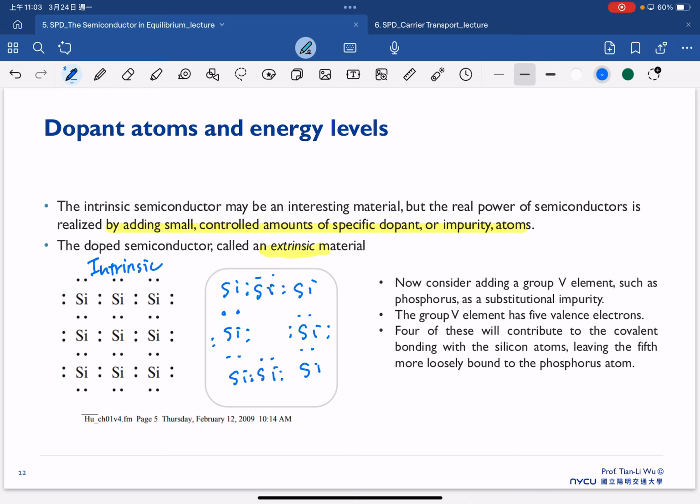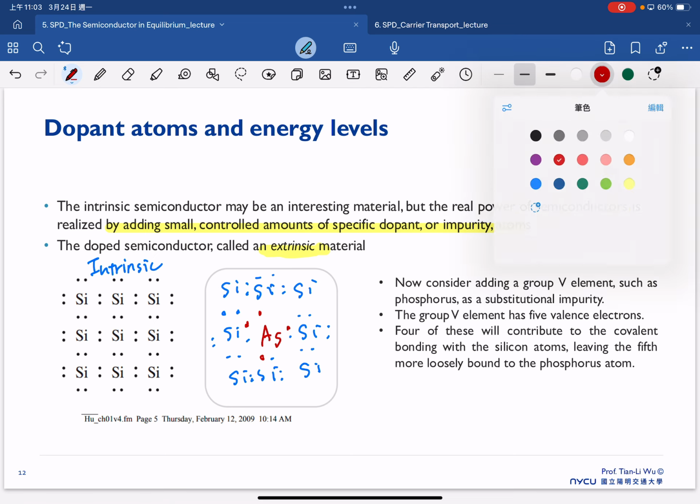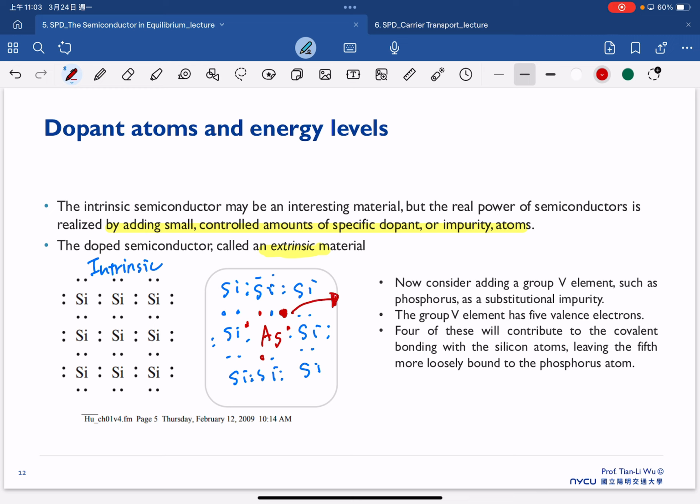But if we replace one with a different atom, for example, if we dope arsenic here, arsenic has 5 electrons in the outer shell, of which 4 are bonded with the silicon, but there will be 1 additional electron, which is a free electron that can flow anywhere.